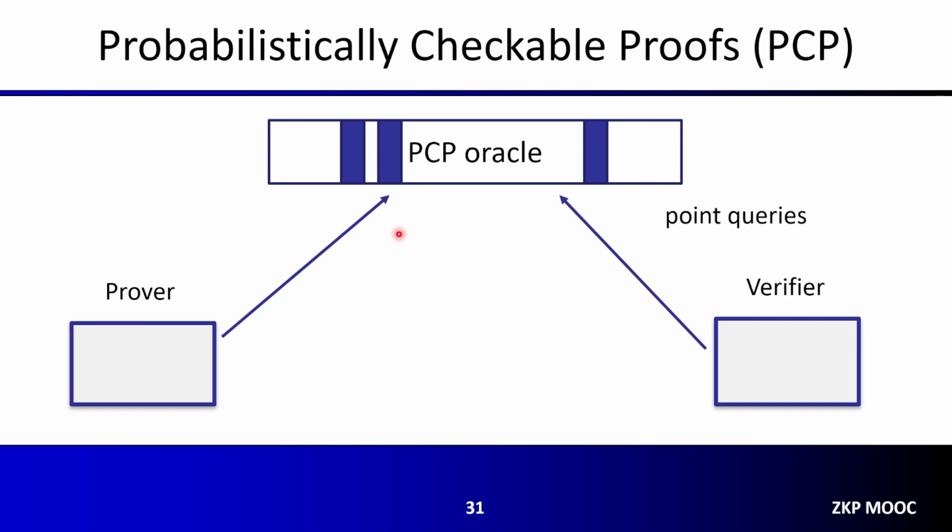So instead of sending this PCP oracle directly to the verifier, the prover can commit to this PCP oracle using the Merkle tree and send only the root of the Merkle tree to the verifier. And later, to answer these point queries, the prover additionally attaches the Merkle tree proof, with logarithmic size in the size of the PCP oracle. So in this way, they were able to build asymptotically good SNARKs for a large class of computations.